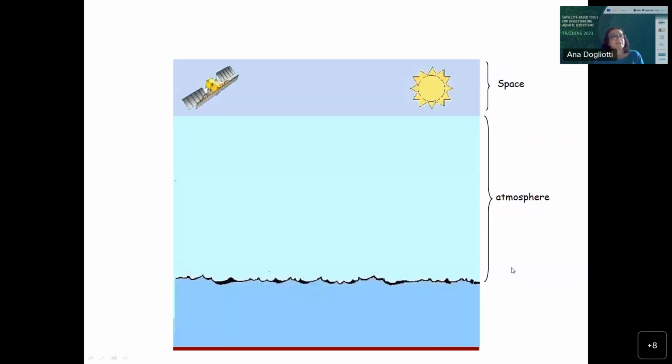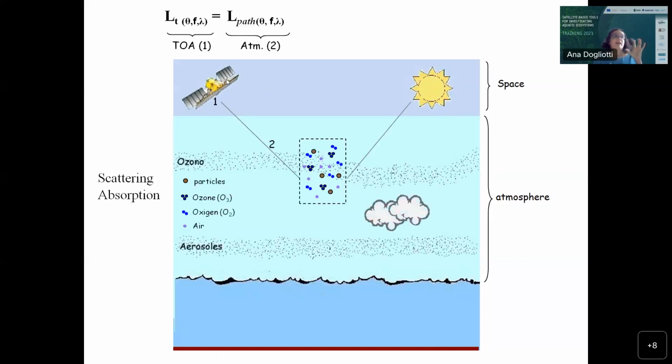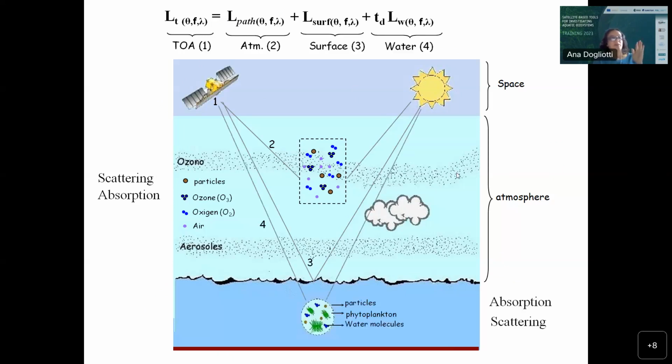This is just to summarize what I said. The radiance that arrives at the top of the atmosphere, at the sensor, comes from light interacting with the atmosphere, where part is scattered and absorbed. Then part interacts just with the surface, like sun glint or specular reflection.